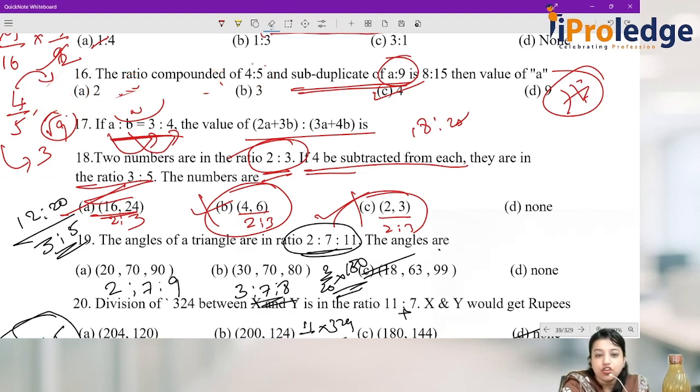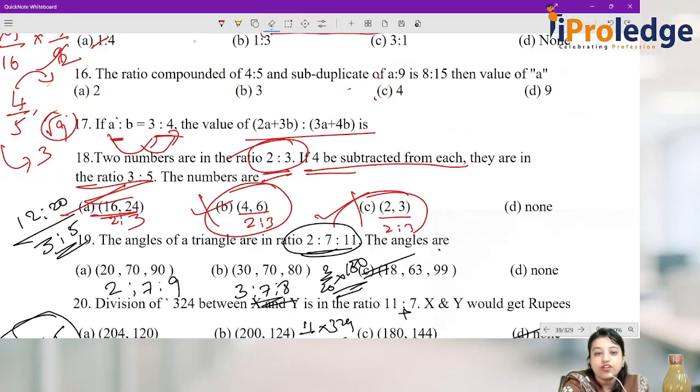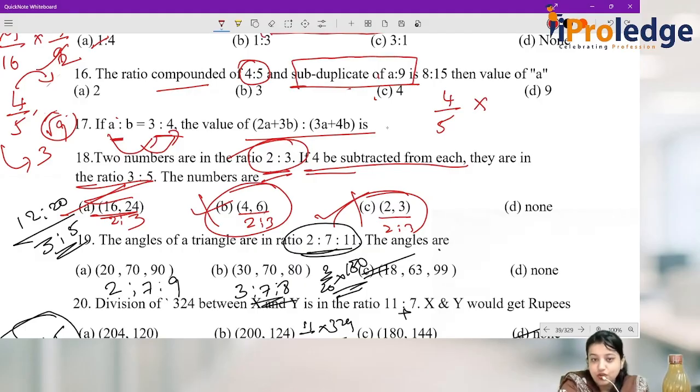So the 16th one, compounded means multiplication. The ratio compounded of means multiplication. Multiply 4 by 5, and subduplicate means you take the square root. You have to reduce the subduplicate of a by 9 into a single ratio. So square root of a divided by square root of 9; the value of these two multiplied is 8 by 15.